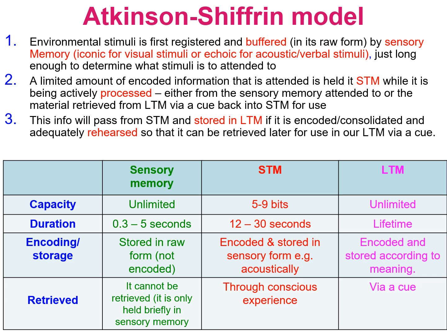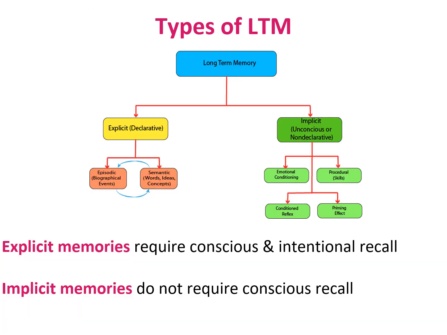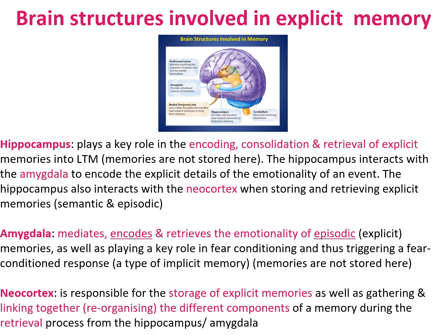And then when we need to retrieve that information, we need to activate the right cue in order to basically trigger that partial memory trace that will enable us to put it back in STM for use. Now, in terms of your understanding of the types of LTM, be mindful that explicit memories require conscious and intentional recall, and implicit do not. And that's how we differentiate these 2 major categories of memory.